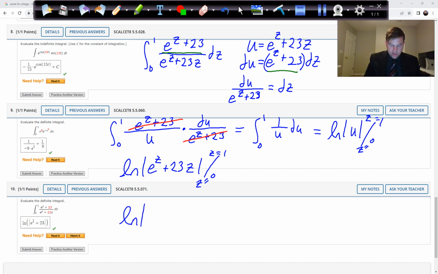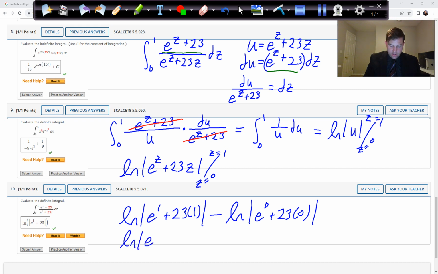Now we plug in 1, so we get natural log of e to the 1 plus 23 times 1 minus the natural log of e to the 0 plus 23 times 0. This is going to be natural log of e to the 1 plus 23 minus natural log of 1 plus 0.